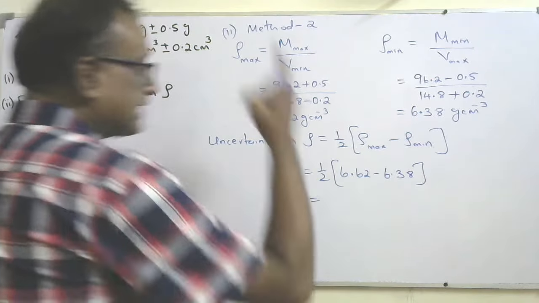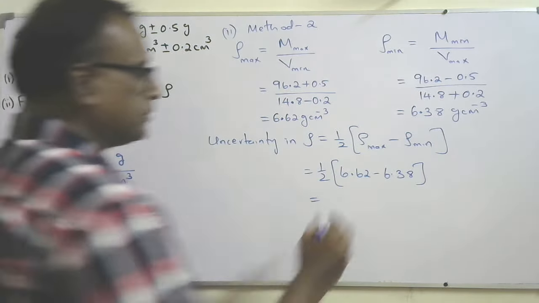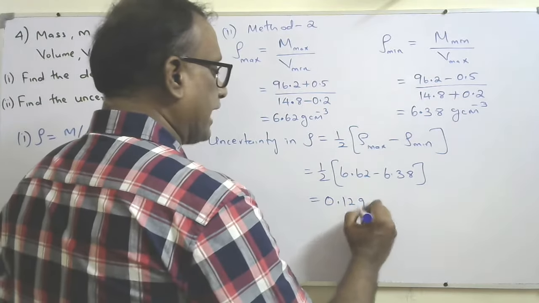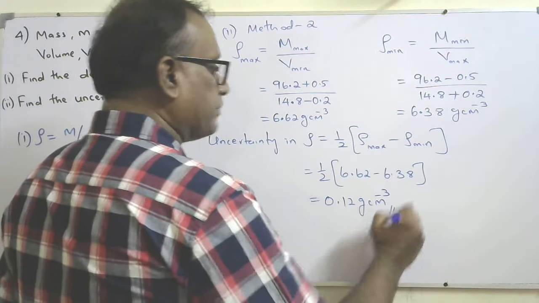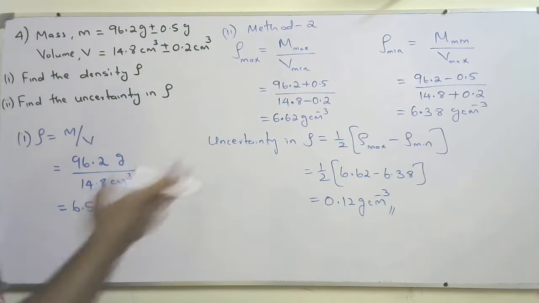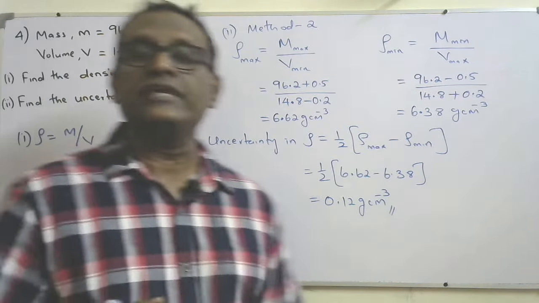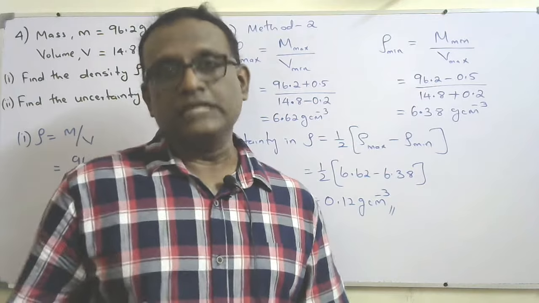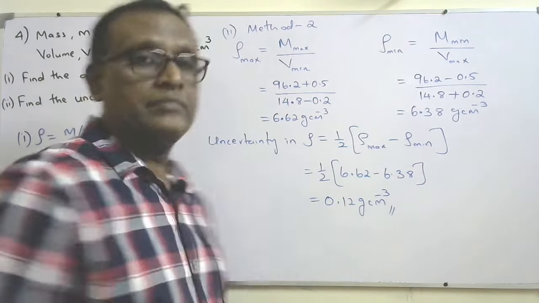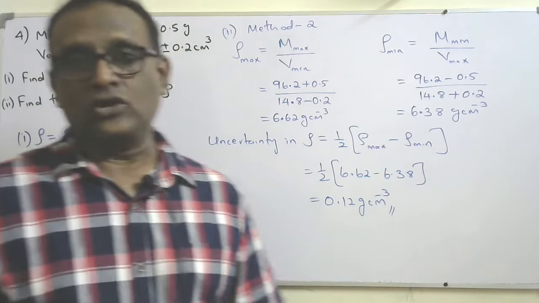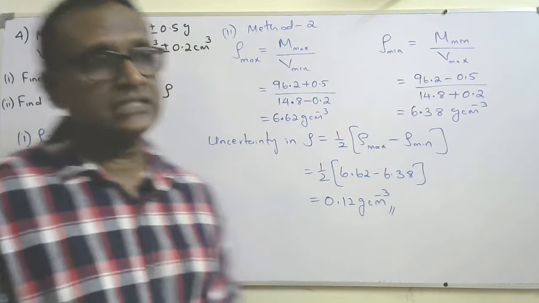Solve it. You will get the same answer that we got earlier. That will be 0.12 gram per cm cube. We got the same answer in the first method also. This method we can use anywhere. For any type of situation, we can find the uncertainty by using this maximum-minimum method. I'll do some examples later also when I discuss the past paper questions.